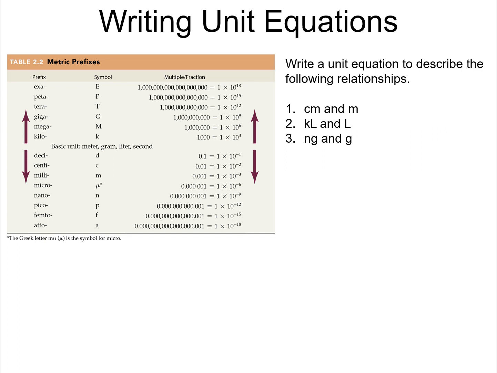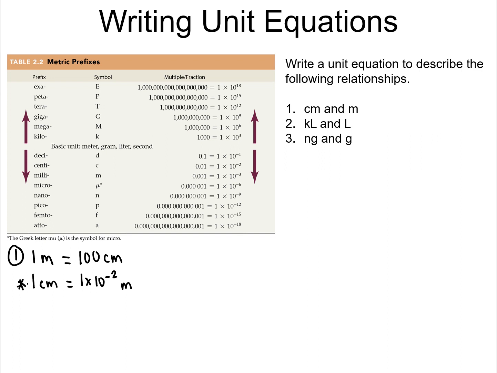For the first one, we've got centimeters and meters. If we start with 1 meter, we have 100 centimeters. If we start with 1 centimeter, that's the same as saying 1 times 10 to the minus 2 meters. That's 2 unit equations that describe the same relationship.